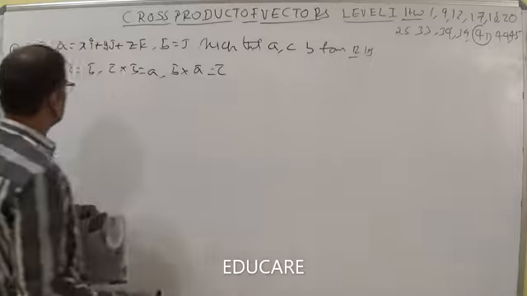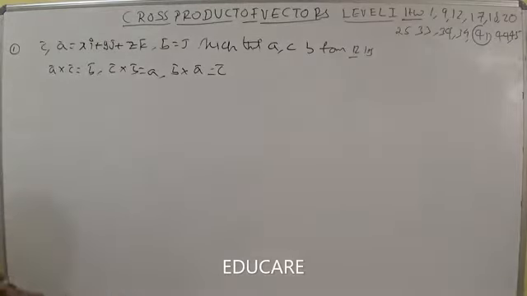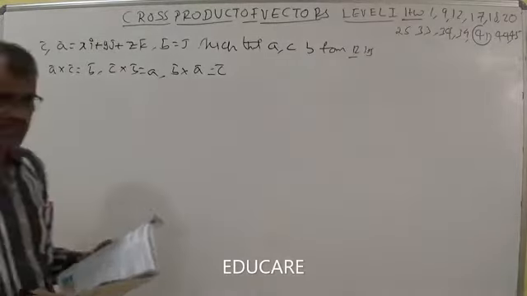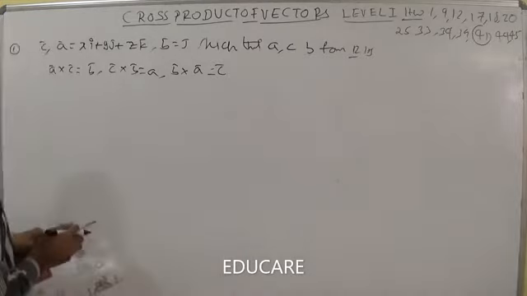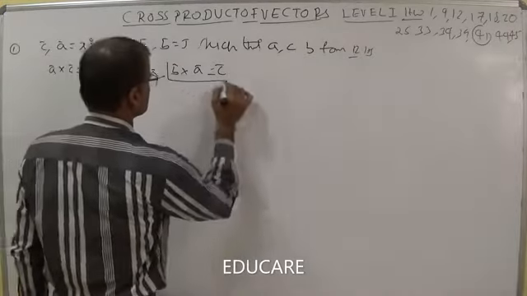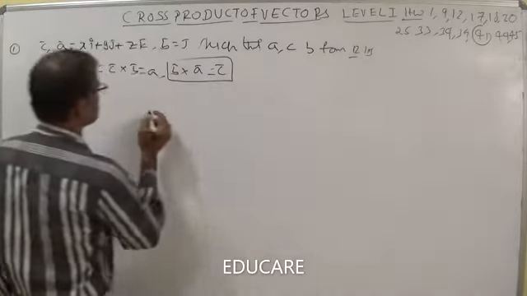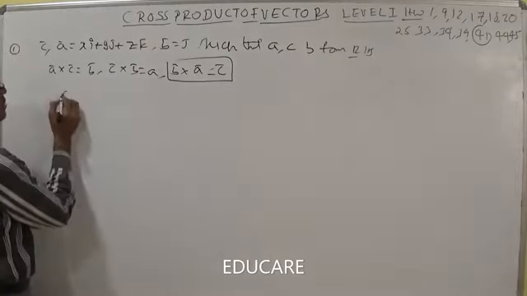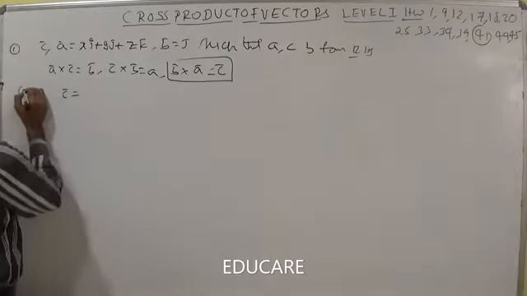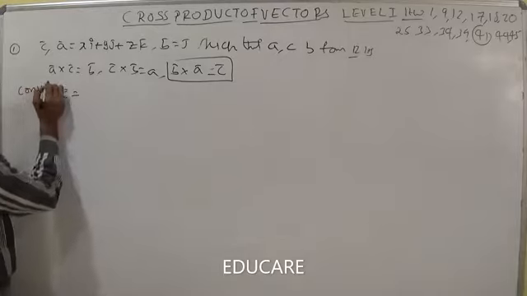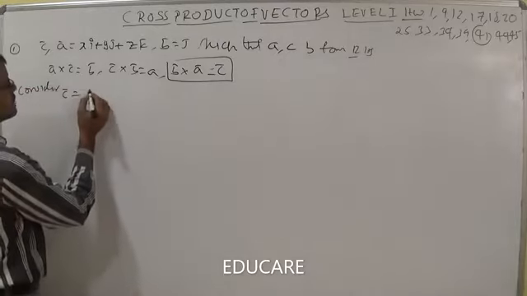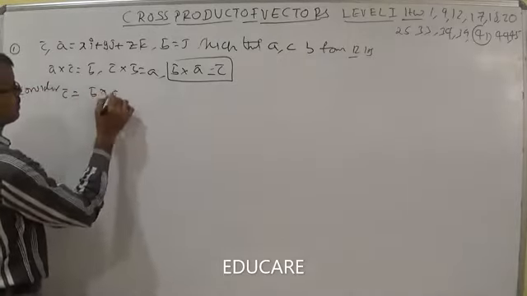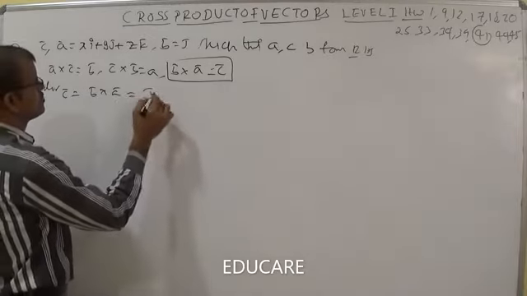So wherever it is possible, we should do it like that. We should calculate C. Consider, according to the option, C bar is equal to B bar cross A bar. What is B bar here?